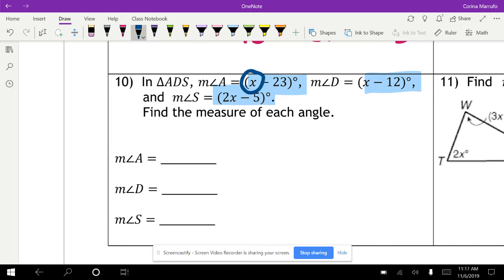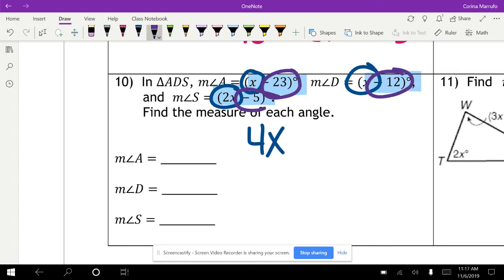So I have x plus x plus 2x. Together that gives us 4x. Then I have negative 23, negative 12, and negative 5. And altogether, that gives us, let's see, 23 plus 12 plus 5 is negative 40.